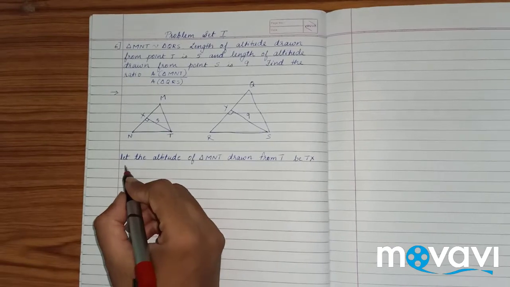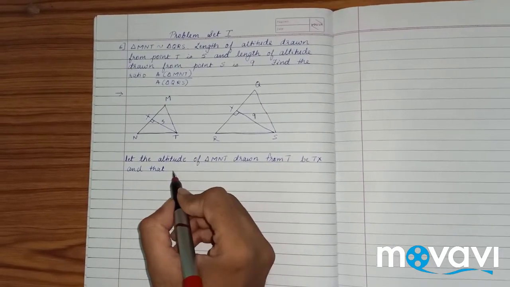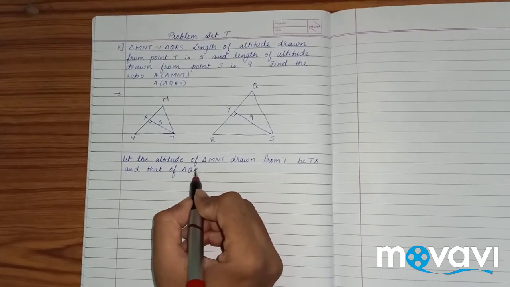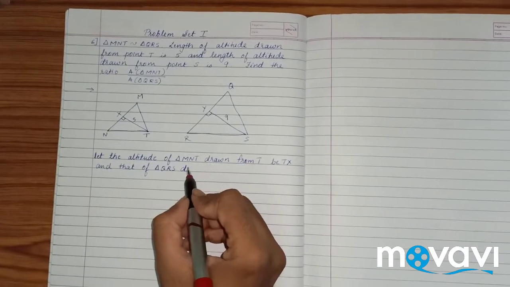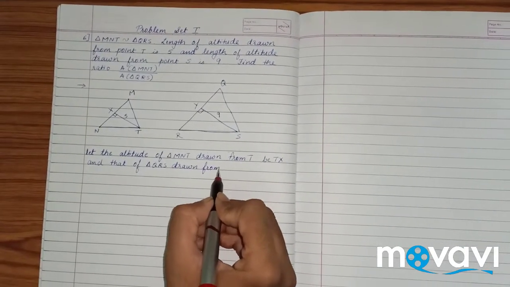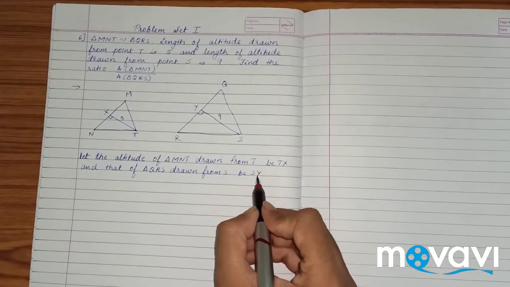Okay, and that of triangle QRS drawn from S be SY.